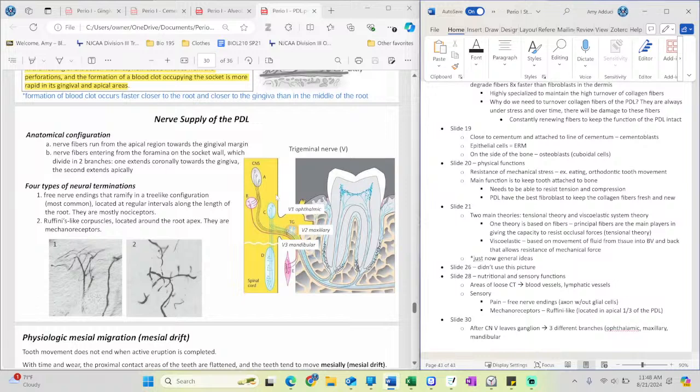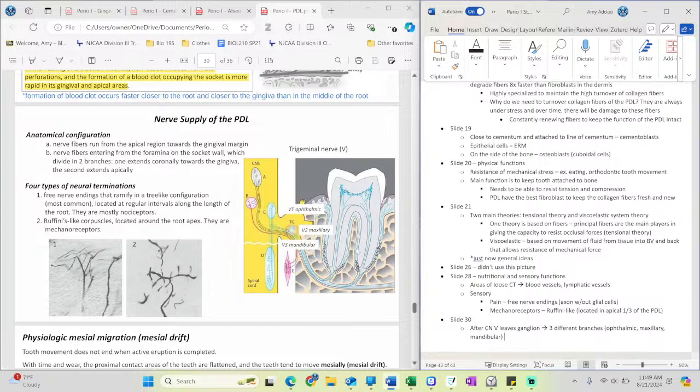It follows a similar passage to the blood vessels and then goes towards the PDL, and some go all the way up, and those are particularly the nociceptors, the free nerve terminal ends. And then on the apical third, these little black dots correspond to those Ruffini-like receptors.